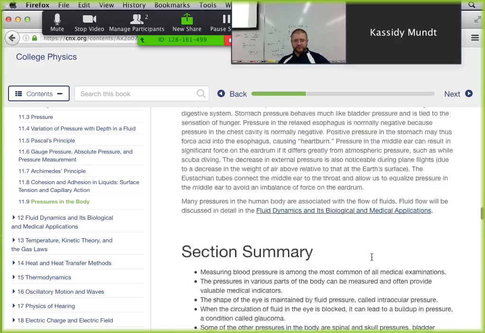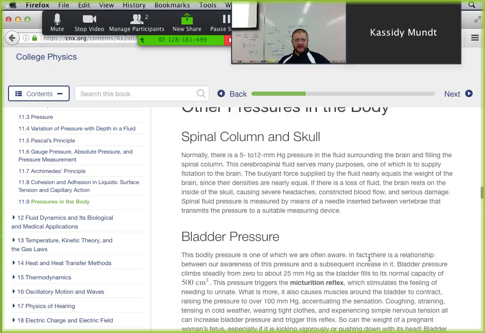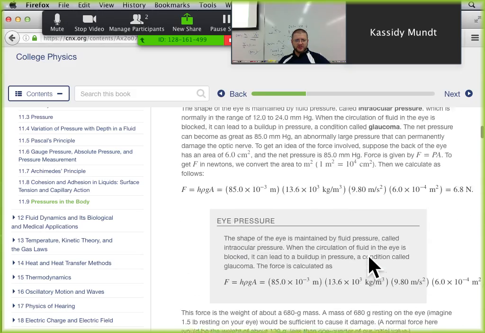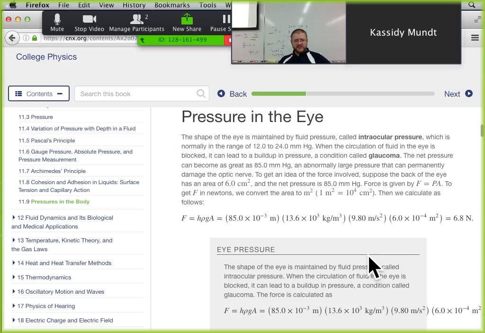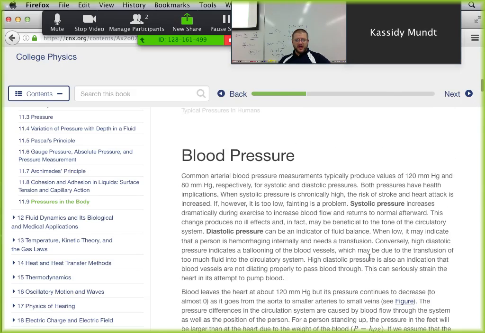But let's talk about how they take the blood pressure. Do they talk about that? Yes, they don't. Anyway, blood pressure is taken by cutting off the blood flow in your body, and they listen to your heart, or they listen to the blood flowing through your veins as they do that.